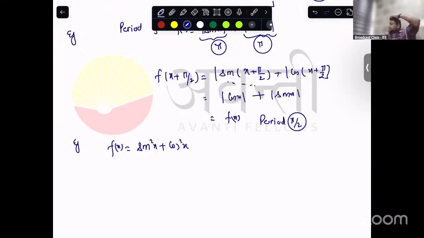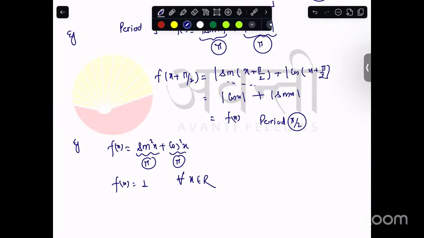See, individually its period is pi, but here f(x) is 1, yes or no? For every x on the number line, sin square plus cos square is 1, yes or no? Yes, sir.